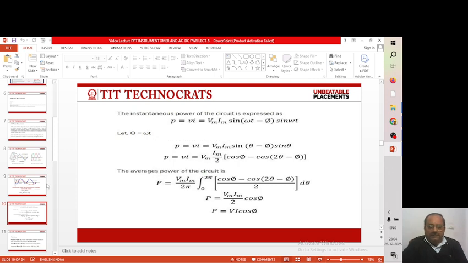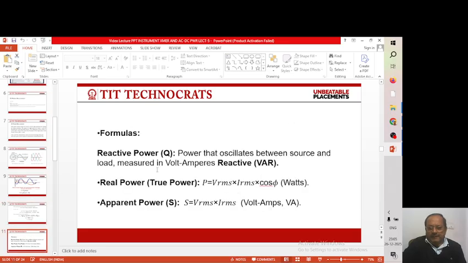This is the true power in the circuit, but there are also other powers existing in an AC circuit, and those are reactive power and apparent power.